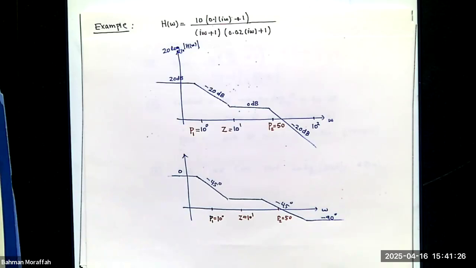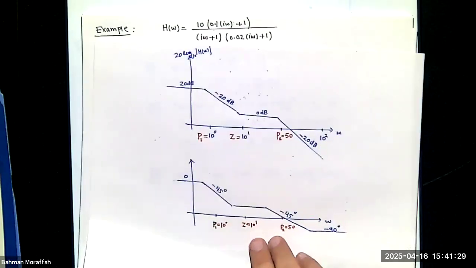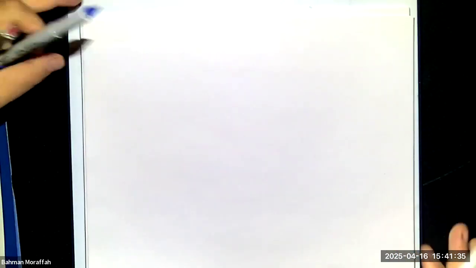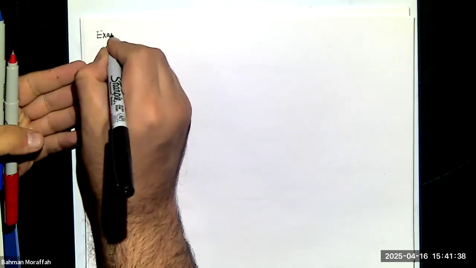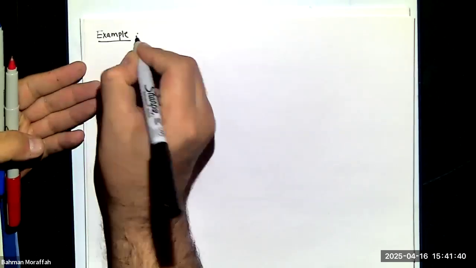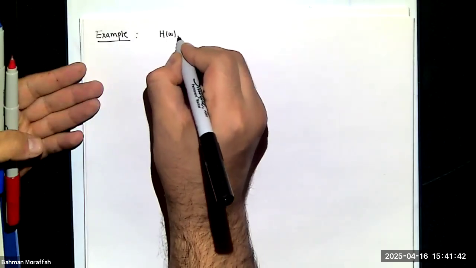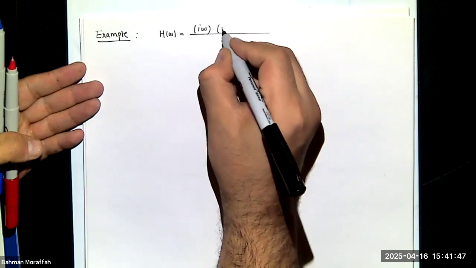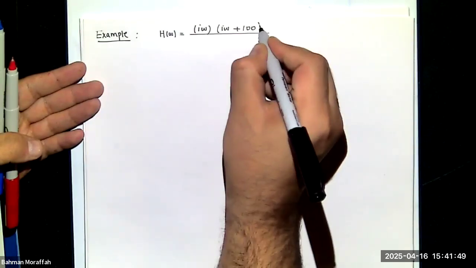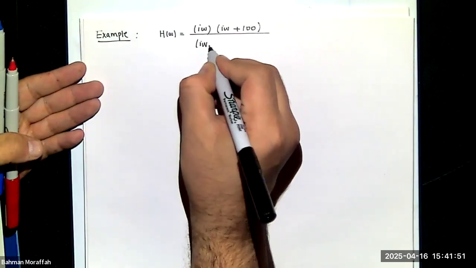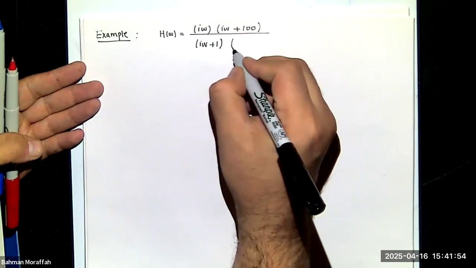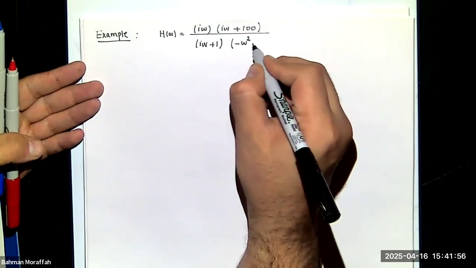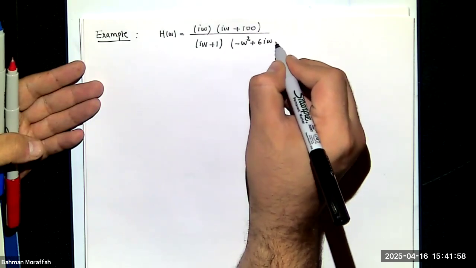Let's make it a little more interesting. Let's just say I want to plot this function. Example: I want to plot H of omega, which is j omega times (j omega plus 100) divided by (j omega plus 1) times (negative omega squared plus 6j omega plus 400).